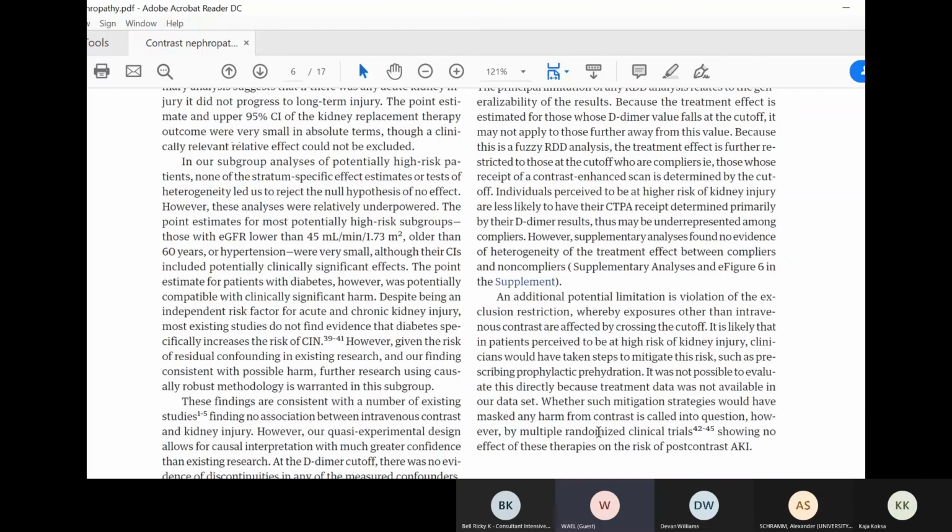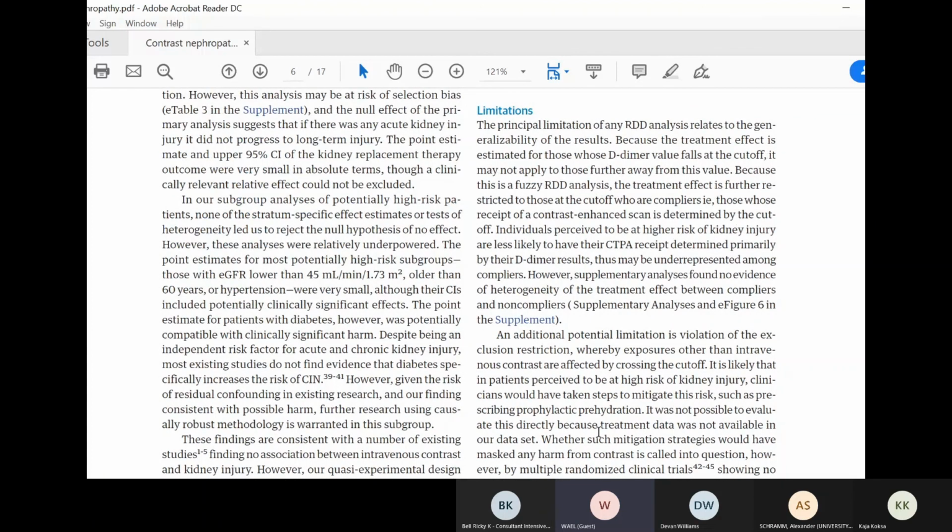The limitation of the RDD analysis relates to the generalizability of the result, because the treatment effect is estimated for those whose D-dimer value falls at the cutoff point. It may not apply to those further away from the value, either below the range who received the contrast, or outside the range of the D-dimer, or far away from the cutoff point.